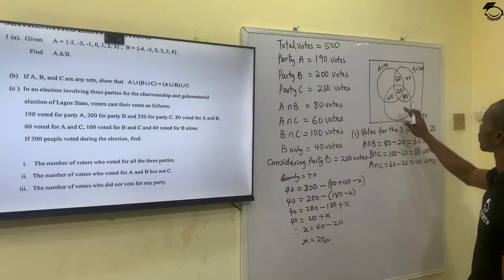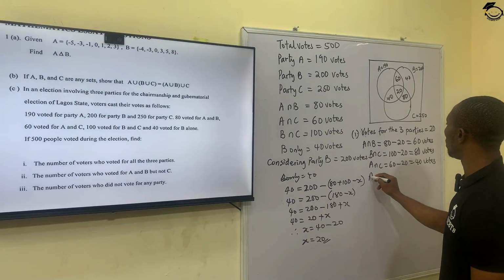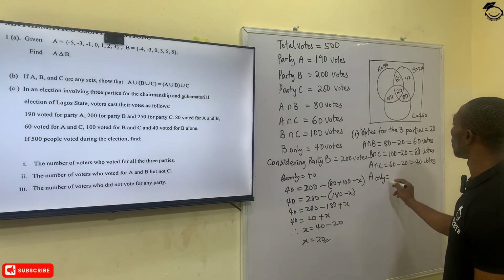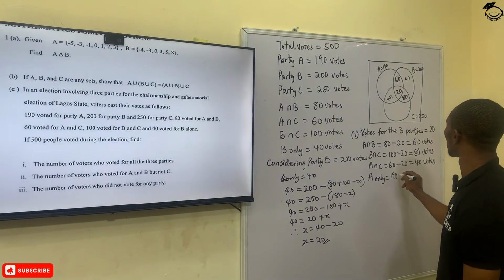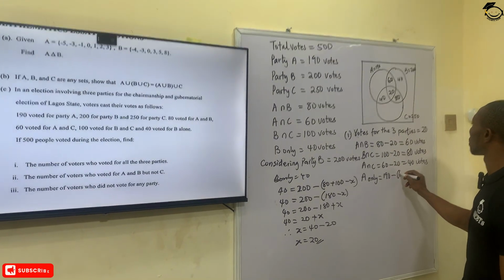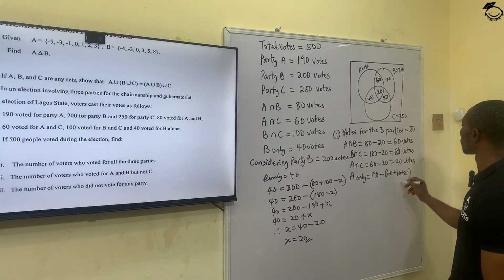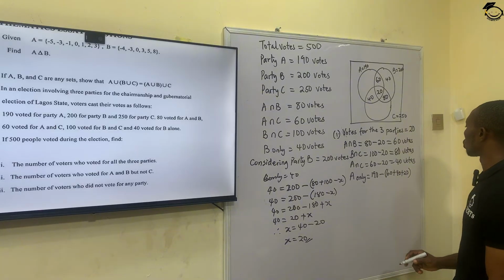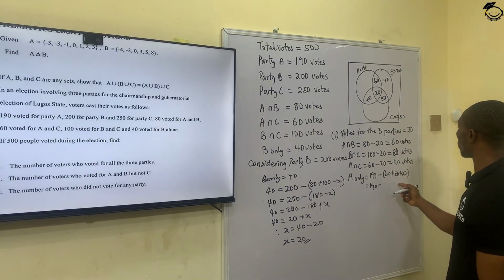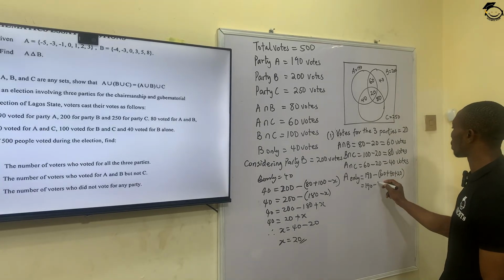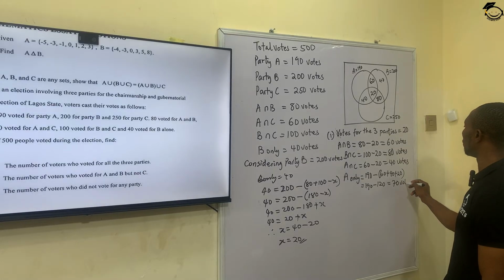Now, with this, we can find out for A only and C only. So for A only, we have 190 minus, 60 plus 40 plus 20. So this gives us 190 minus 120, which will give us 70 votes.